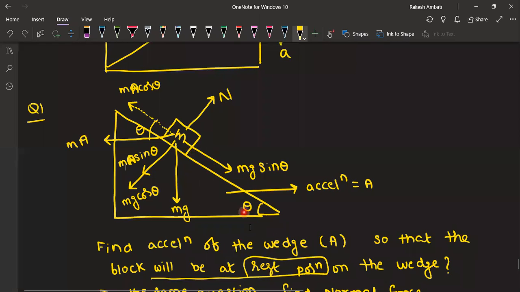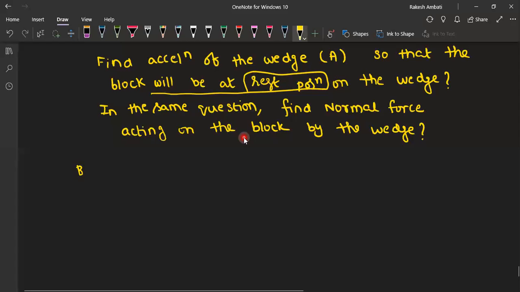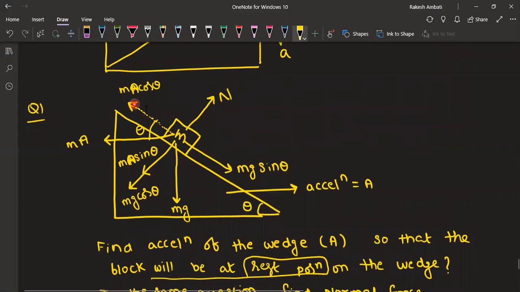In the question, with respect to the wedge, the block is at rest position. So the block is at rest means in all directions, forces are balanced. First of all, in this direction, MA cos theta and mg sin theta are balanced.